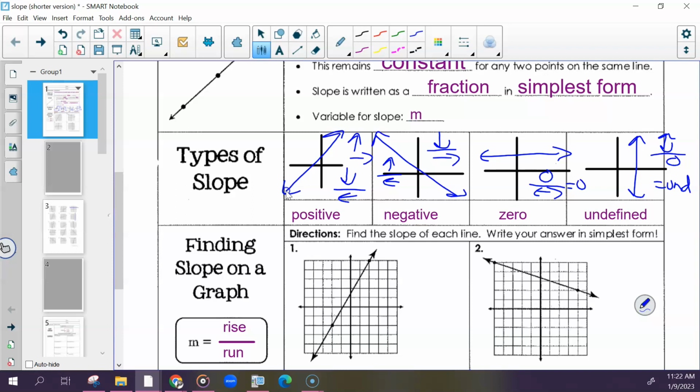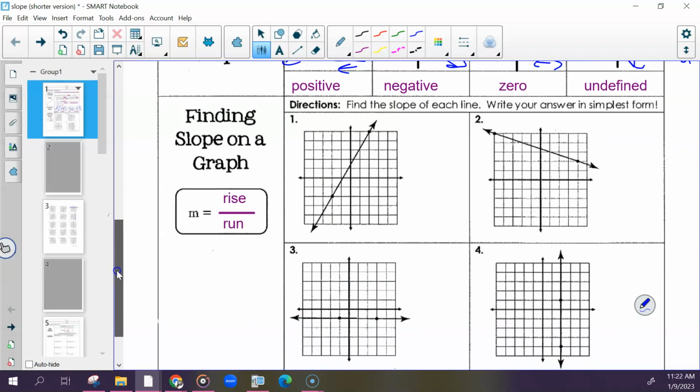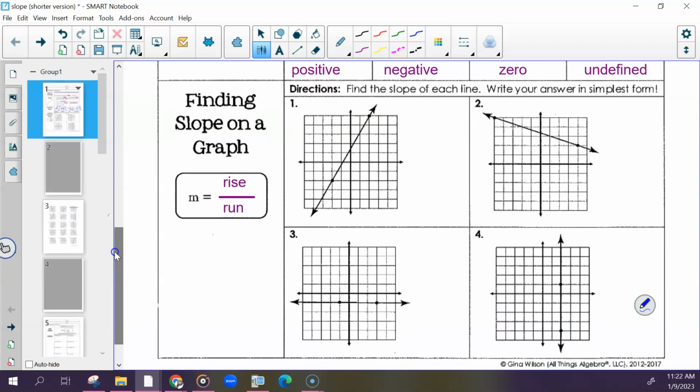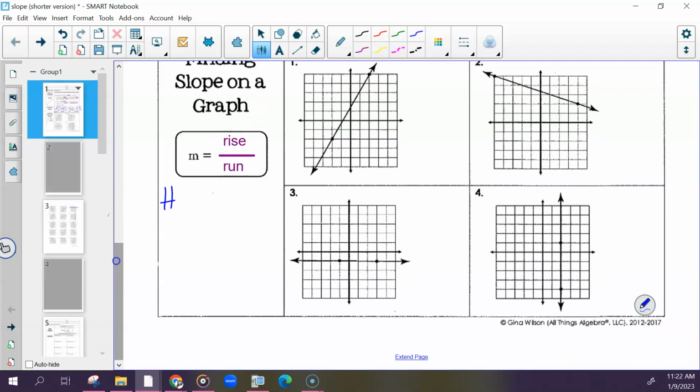Off to the side in this box, finding slope on a graph, I want you to write this. This might help you distinguish the difference between the two, the horizontal and the vertical. H-O-Y, V-U-X. Try to leave some space in between there because we're going to define them.